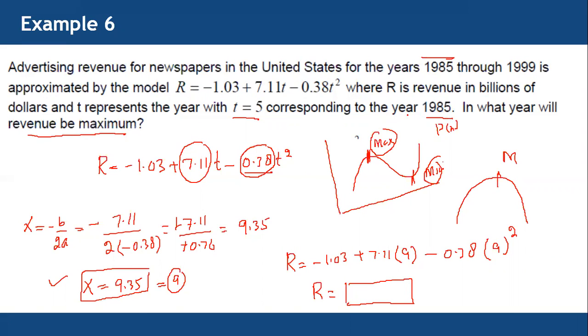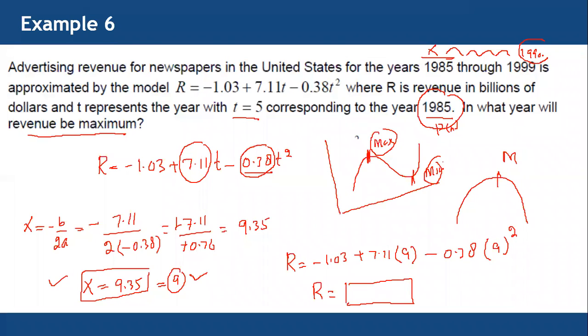Correct? So t is 5, meaning this is after 5 years. Now we have x equal to 9.35, or 9. So 1985 is after 5 years, so next 86, 87, 88, 89 and 90. In 1990 the revenue will be maximum.